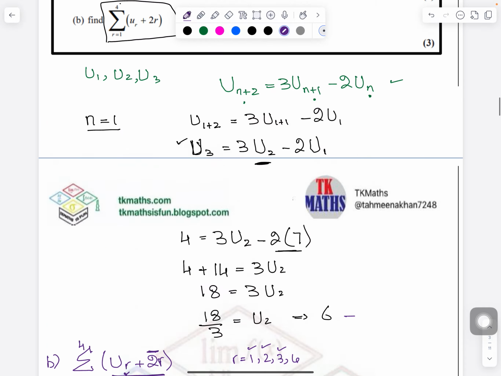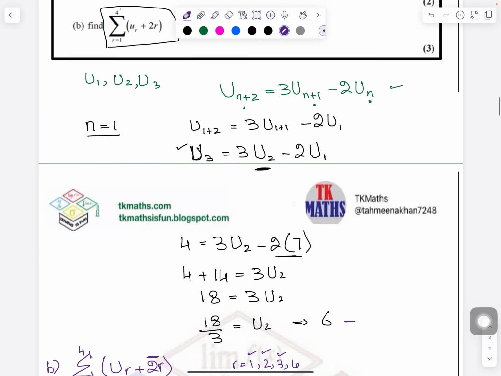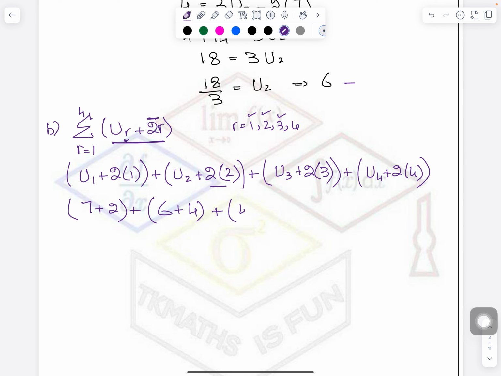U3 is also given to us, 4. So 4 plus 3 twos are 6. Now U4 we don't know. So we have to find out U4. When I substitute the value of U4 here, then it is easy to do. 7, 8, 9, 10 plus 10.